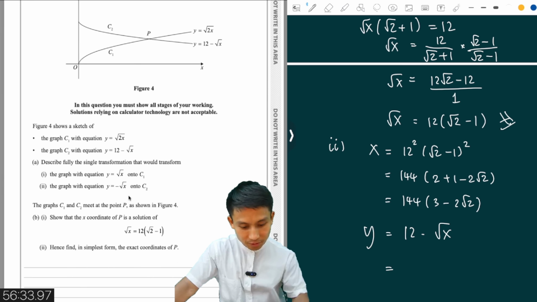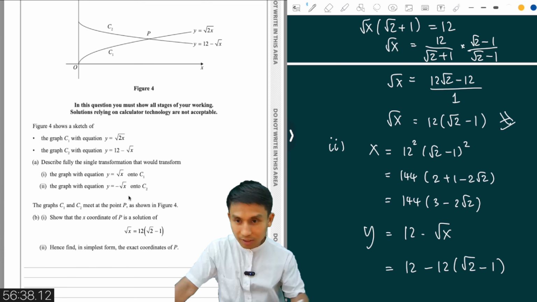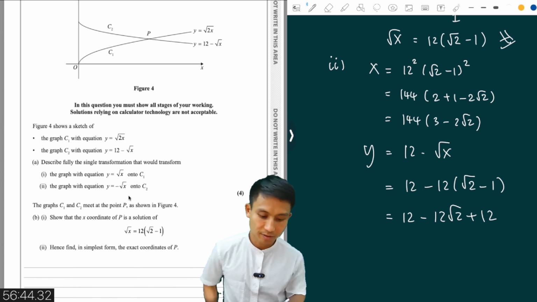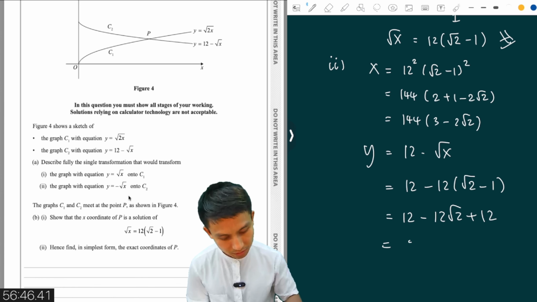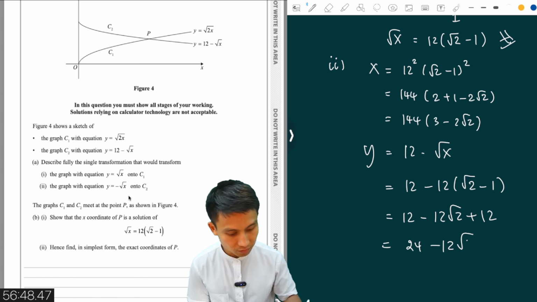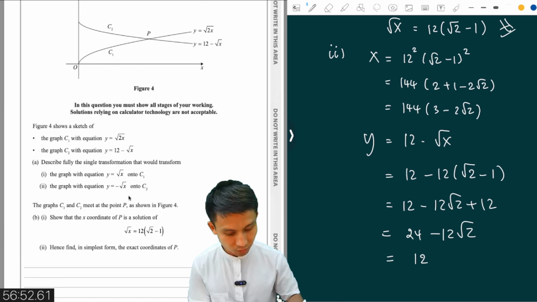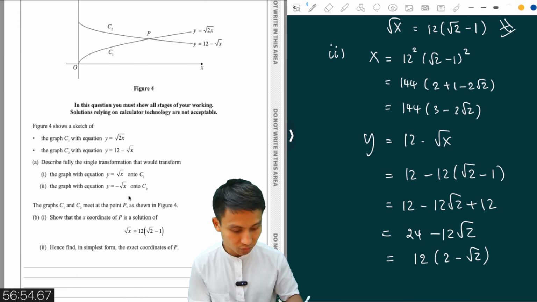So 12 minus 12 root 2 minus 1 there. So this is just 12 minus 12 root 2 plus 12, and that is just 24 minus 12 root 2. Or better yet, just 12 times 2 minus root 2.